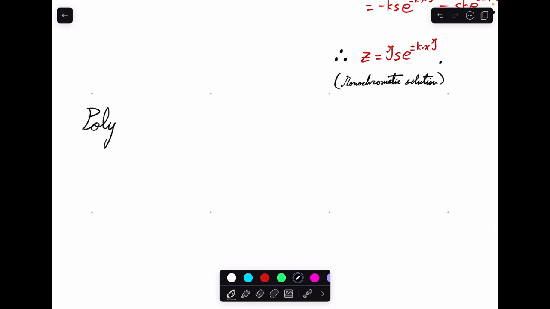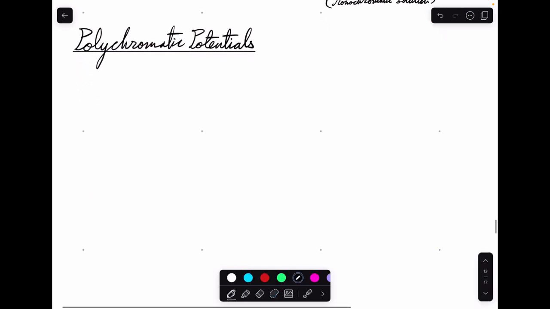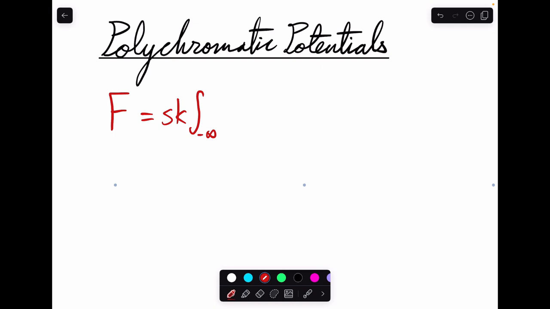Polychromatic potentials. So we have the general form of F is equal to SK. If we go back to polychromatic F, then the definition is that this one depends on different frequencies.